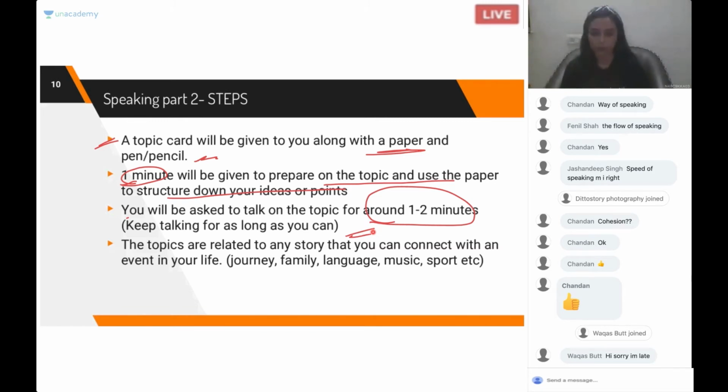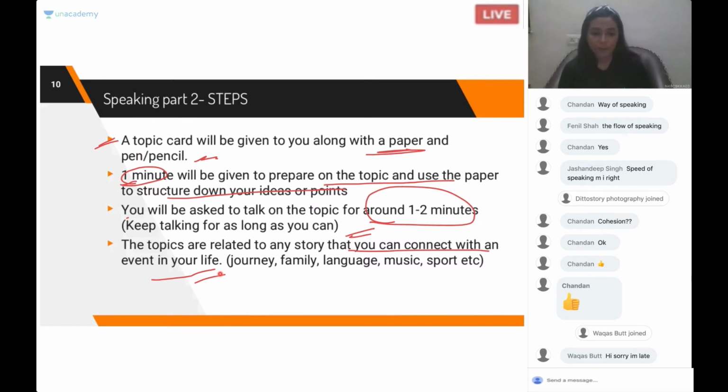Keep on talking. Okay, the last point: the topics are related to any story that you can connect with an event in your life. Some people panic that they would be asked something they're not aware of and would not know what to talk on. For example, if they suddenly ask about specific information about the government, I would get intimidated.